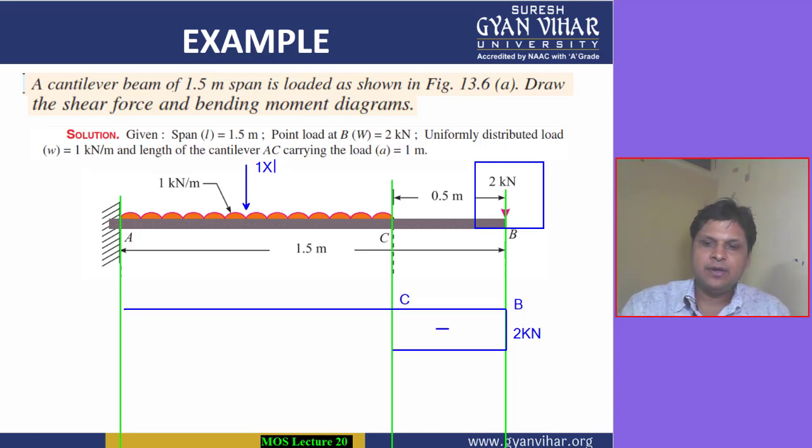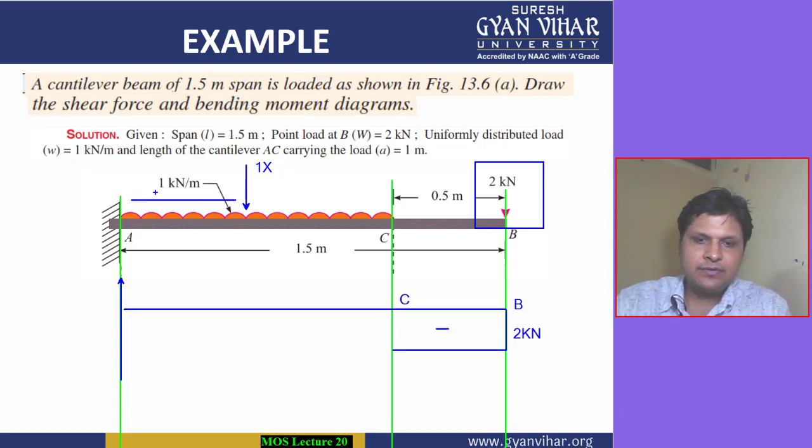Then after calculating this, students, what we will do now, when you take the section at A, here the load that is acting is 1, and this distance will be equal to 0.75.